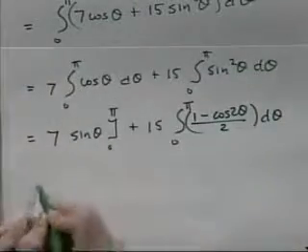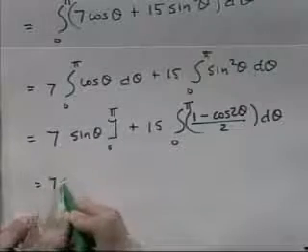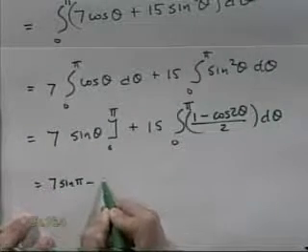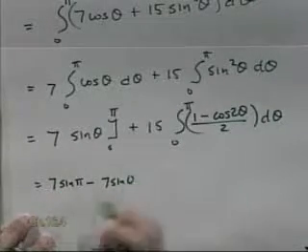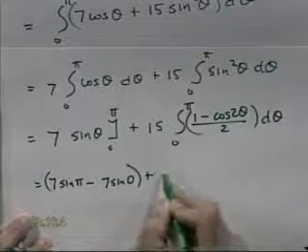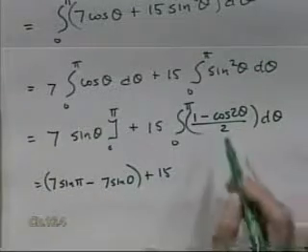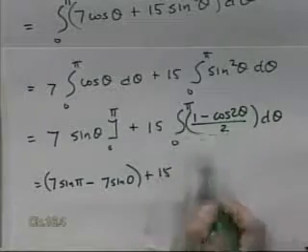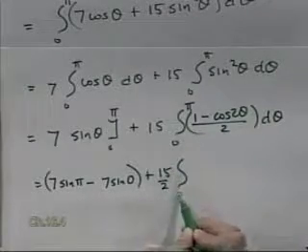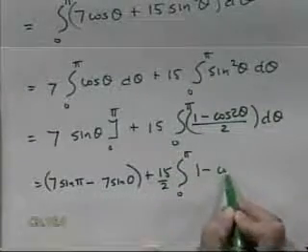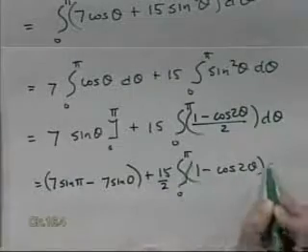Okay. And this one, if I plug in pi, I get 7 sine pi minus 7 sine 0, plus, and this one I'm not ready to do the integration yet. Well, why don't we bring out the halves, so we can write it as 15 halves integral from 0 to pi of 1 minus cosine 2 theta.